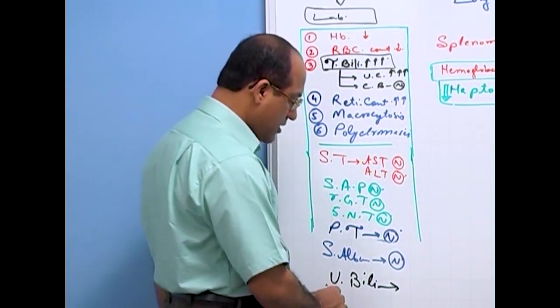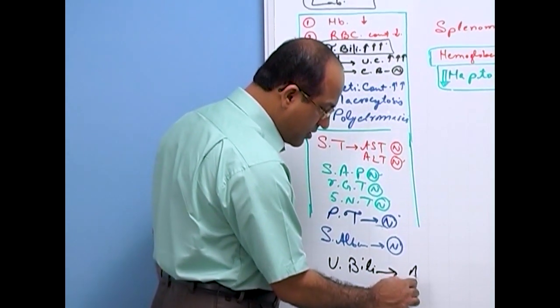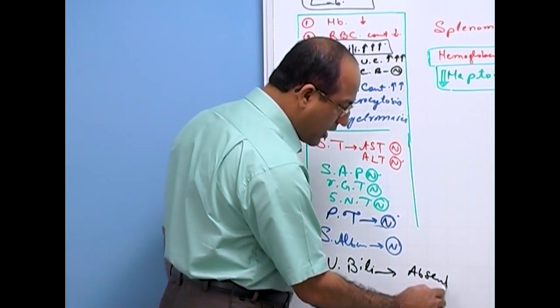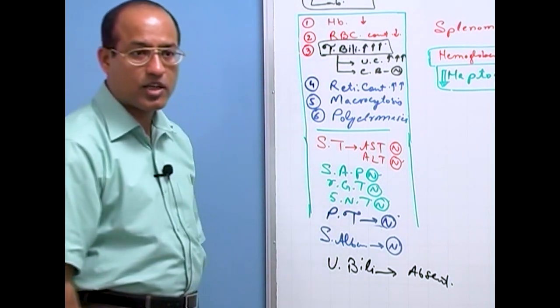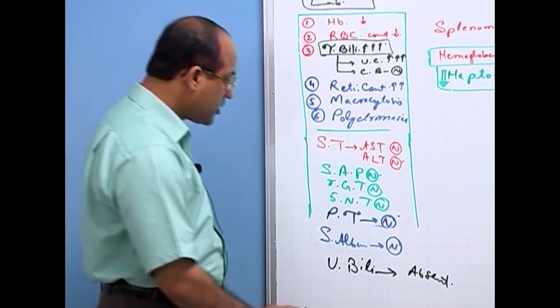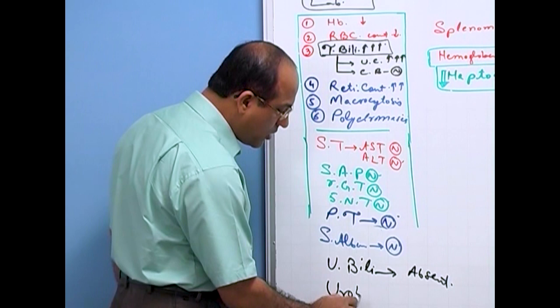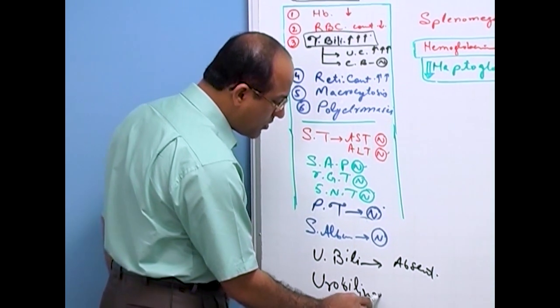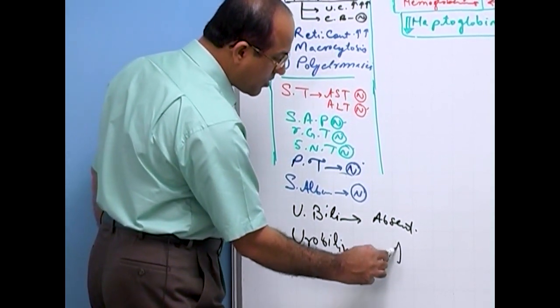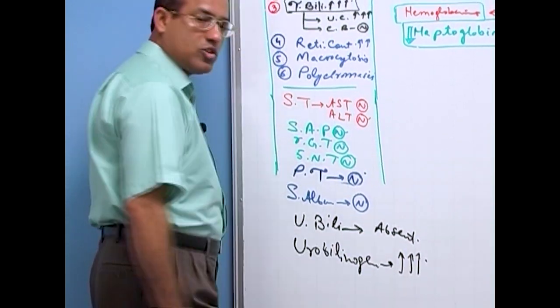So urinary bilirubin is absent. That is why we call it acholuric jaundice. Jaundice is there, but bilirubin is not appearing into urine. But urobilinogen is more than normal. Is that clear?